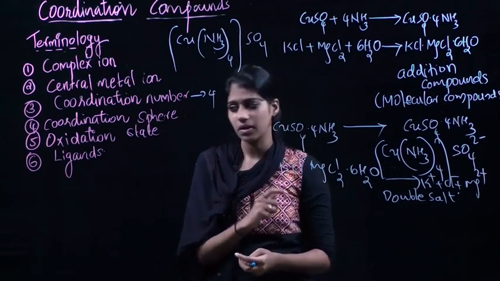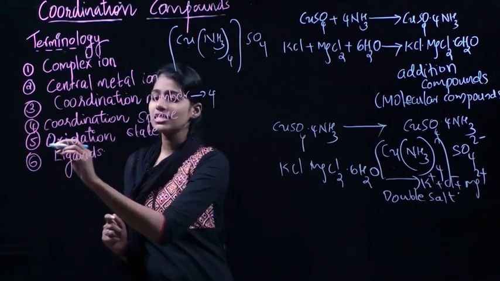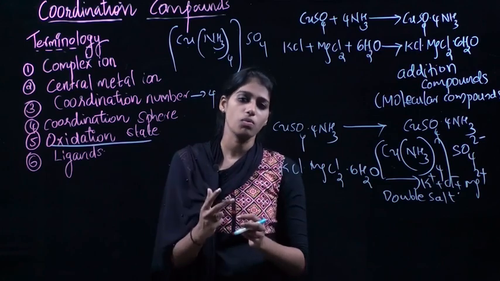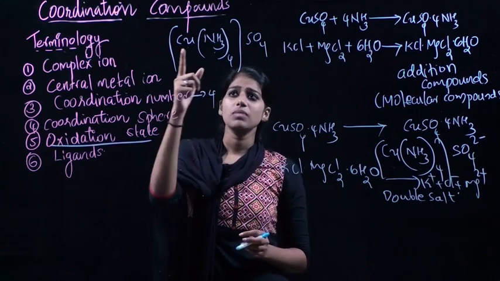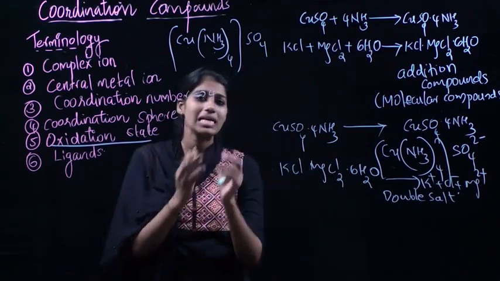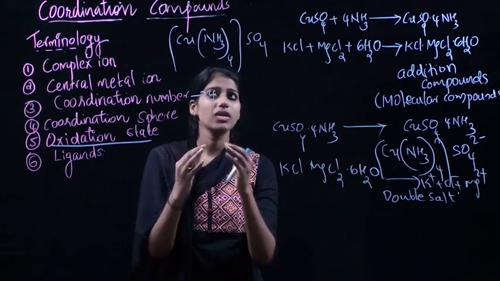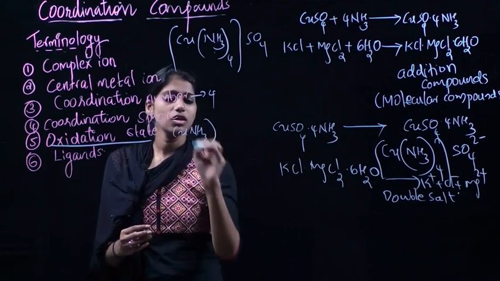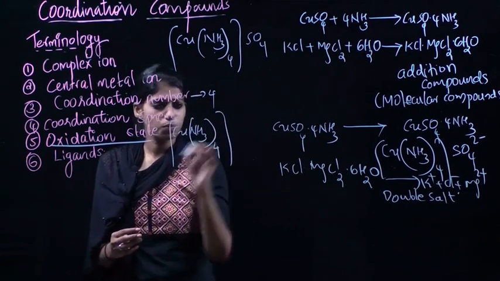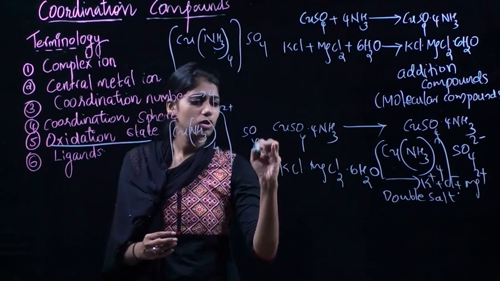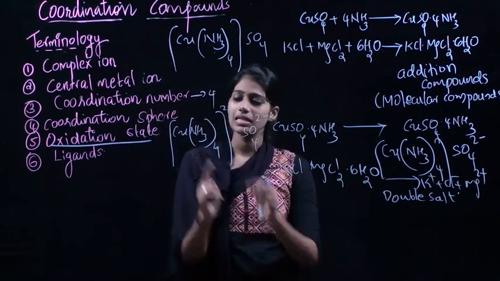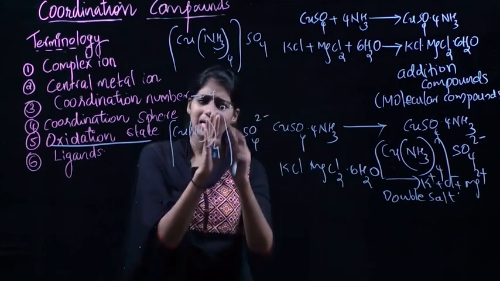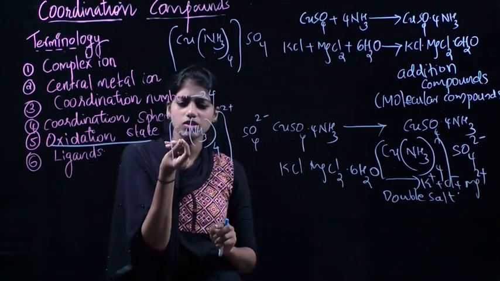Oxidation state is important whenever you consider a d block element or any metal which forms a compound. When you consider this example [Cu(NH3)4]SO4, let's split the ions. The ions which are present in the aqueous solution are [Cu(NH3)4]2+ and SO4 2-. That indicates the coordination sphere has a 2 positive charge, which is actually the result of the oxidation state.